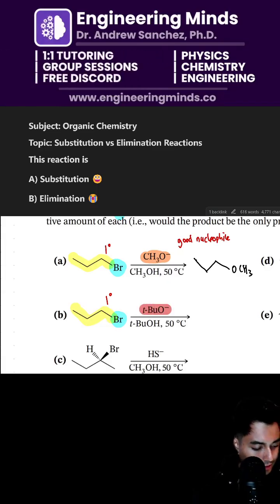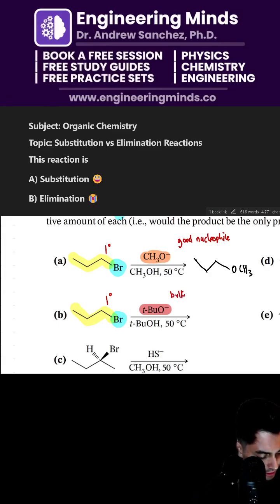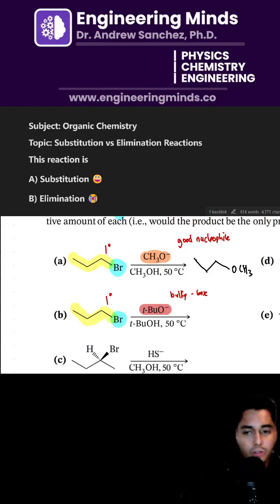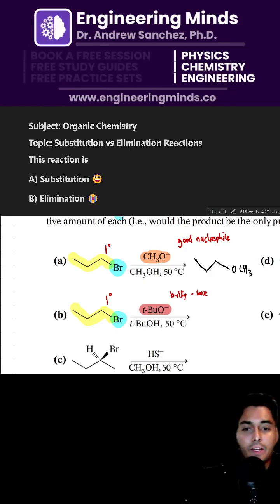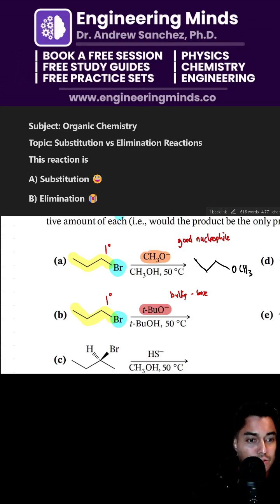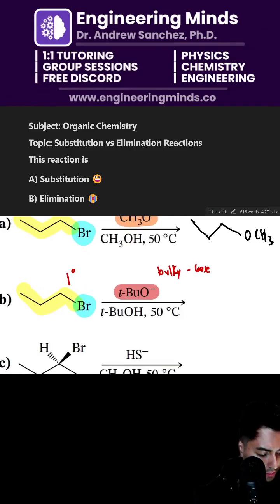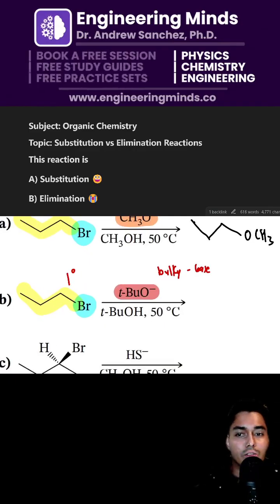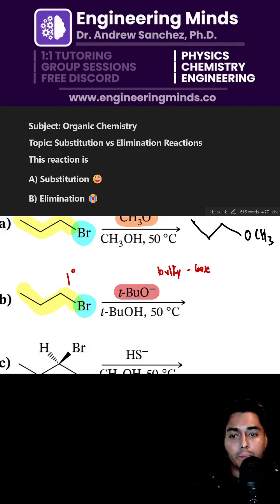Tert butoxide, TBUO minus. This is a bulky base. Think of bulky as like really, really big. It's going to cause steric hindrance. And you know it's bulky because you can look up the image for tert butoxide, TBUO minus. That's going to be causing a lot of hindrance.